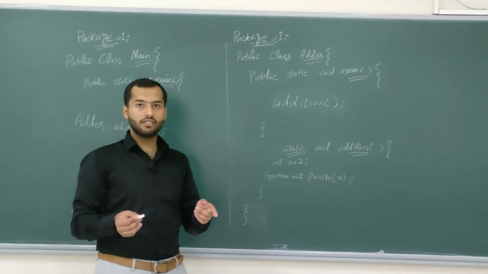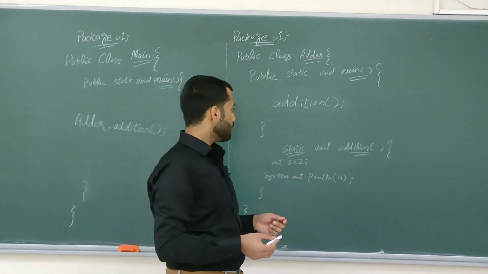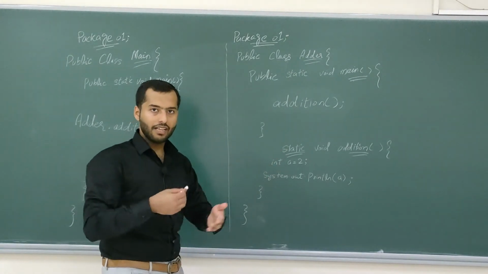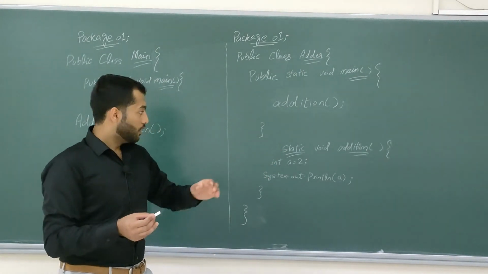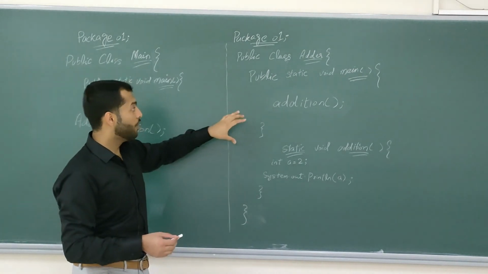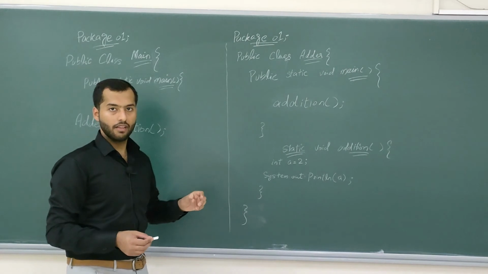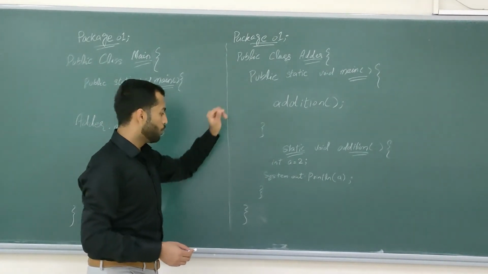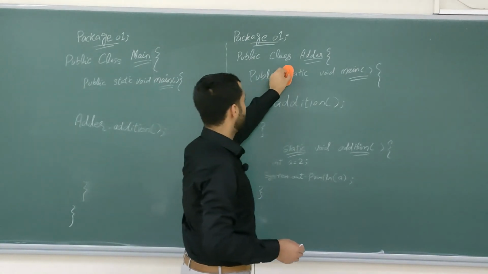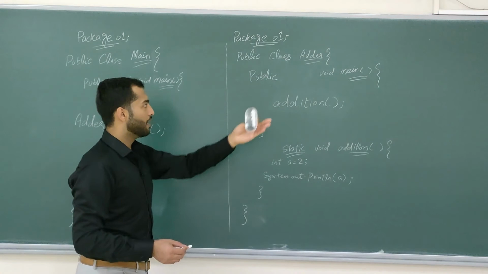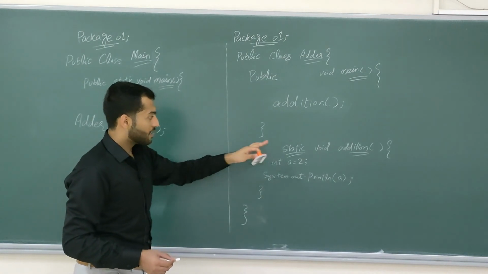But one important thing, please always remember: if you have declared a static field, a static method or variable, you can access that static field just within a static field. Let's suppose here this one is static. Now if I remove the static, it is just public void main, and here it is static.